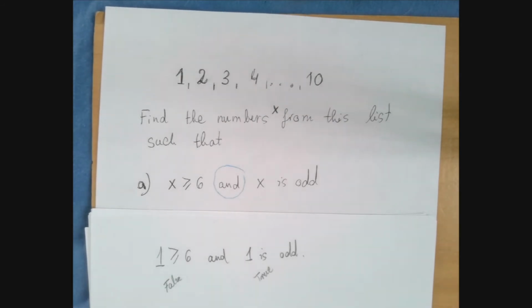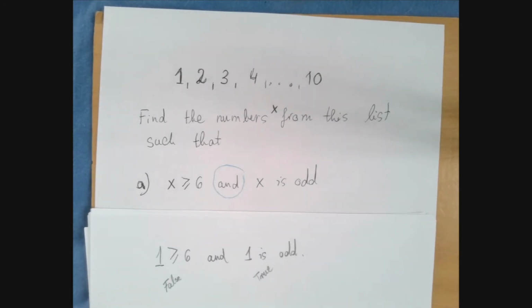So what about the compound statement when one part is true, the other part is false, and they're put together by the word "and"? If this word is "and," that means the compound statement is only true if both of these are true. Well, that's not the case. 1 fails to be greater than 6, therefore 1 is not going to be in the solution. So 1 can be ruled out.